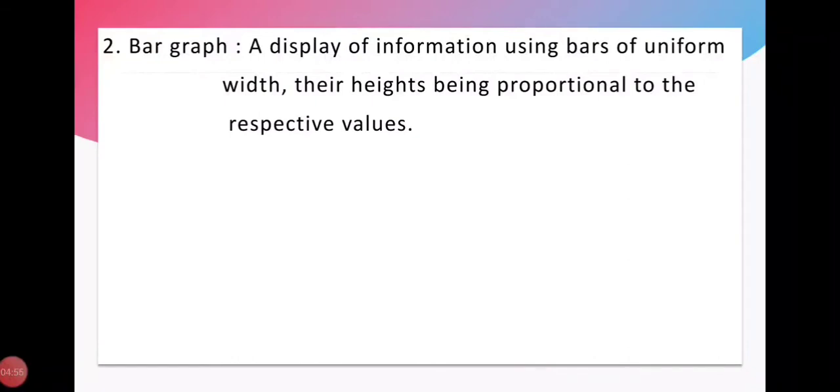All the bars will have the uniform width, and their heights will be proportional to their respective values.